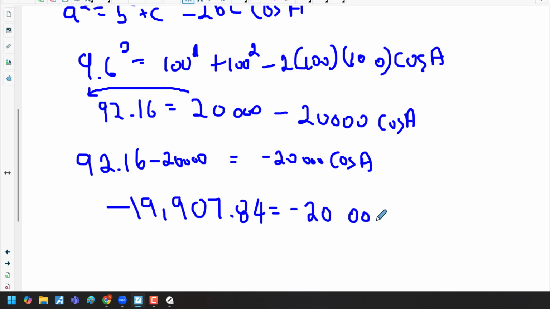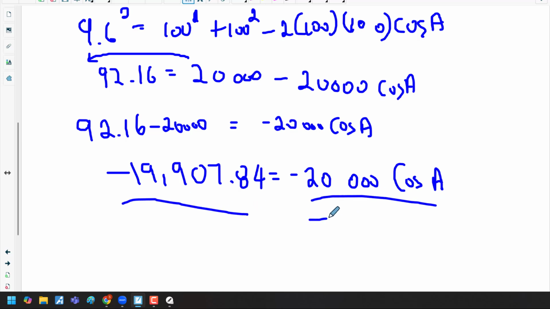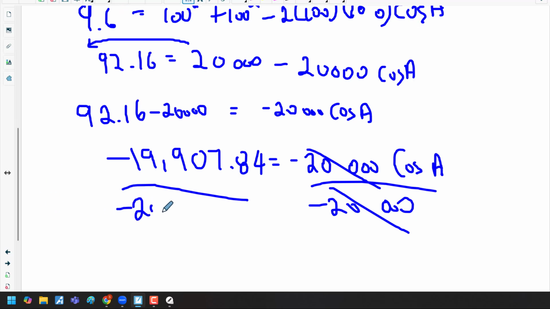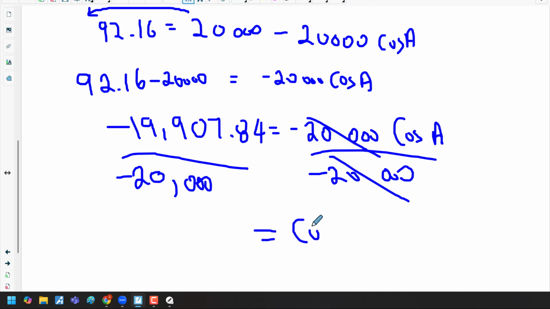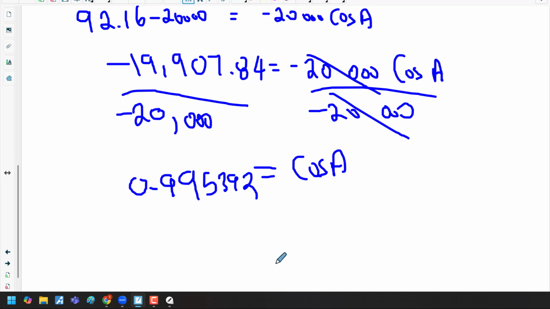So it's negative 20,000 cos A. Then we divide both sides by negative 20,000. So that's 19,907.84 divided by 20,000, and we get 0.995392. And the answer here is positive because the negatives will cancel each other out.